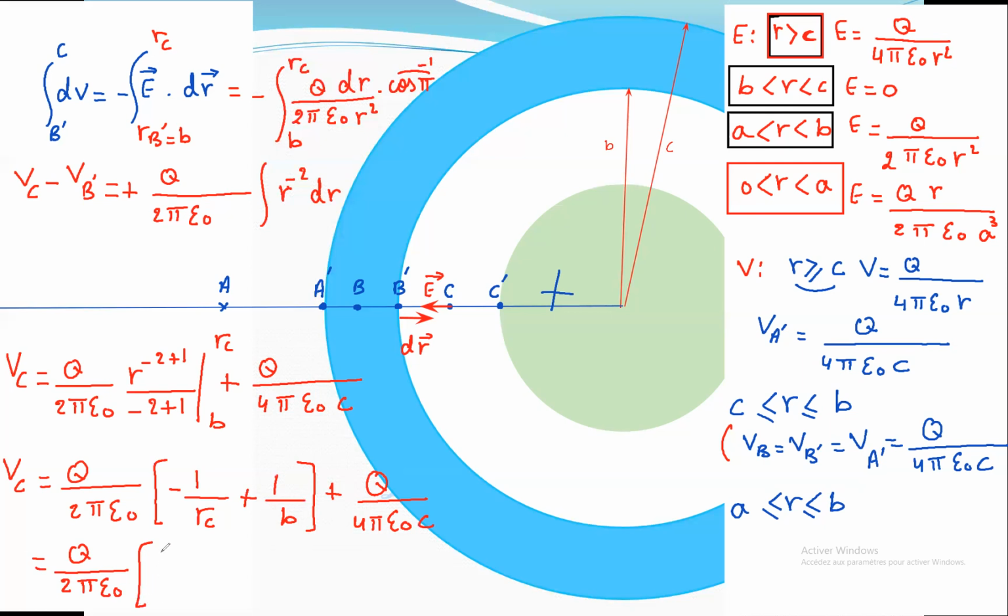Inside, we have 1 over B minus 1 over RC plus 1 divided by 2C.